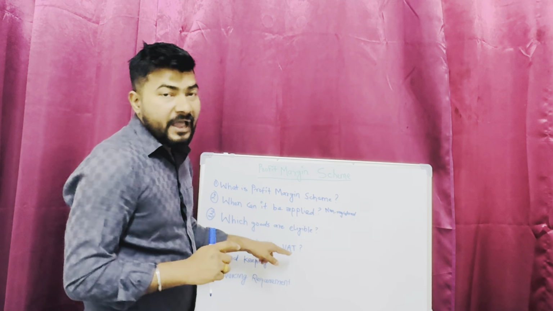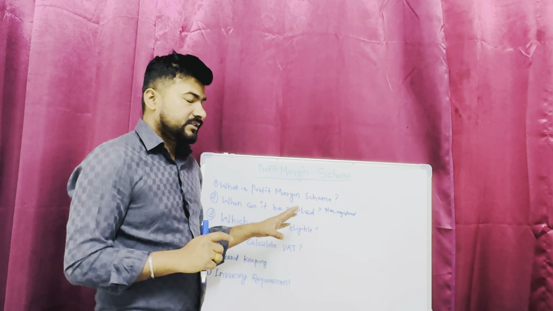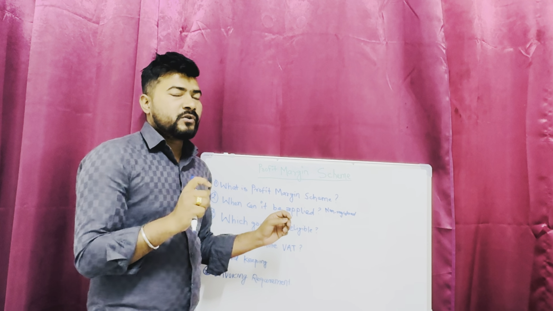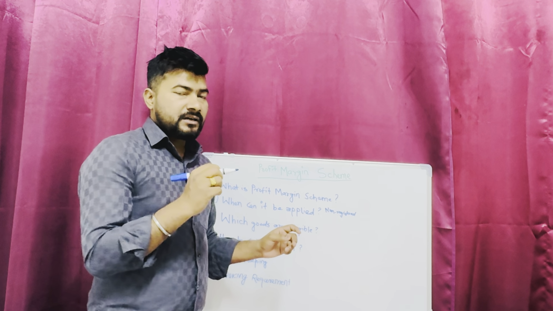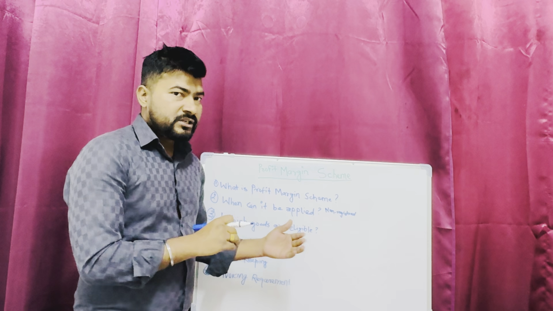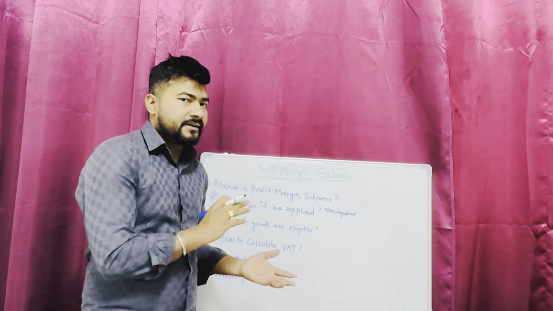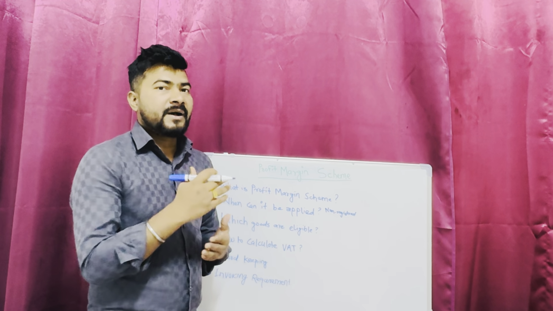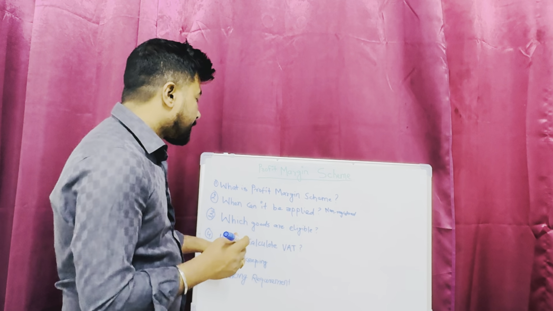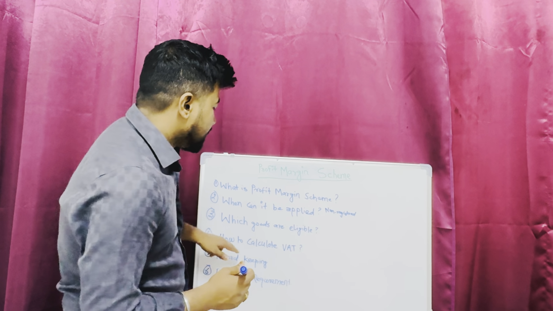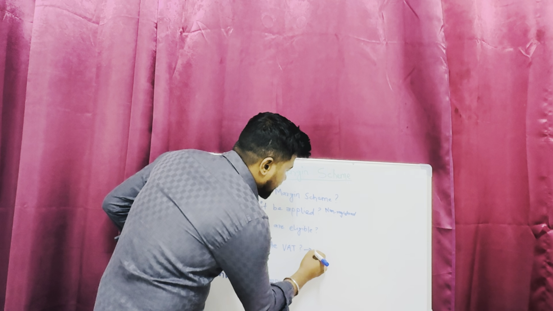Now we'll learn how to calculate the VAT under the profit margin scheme. This is the most critical point, and many business owners who are doing such business miss it here. Many consultants have advised wrongly. Here there are two steps.